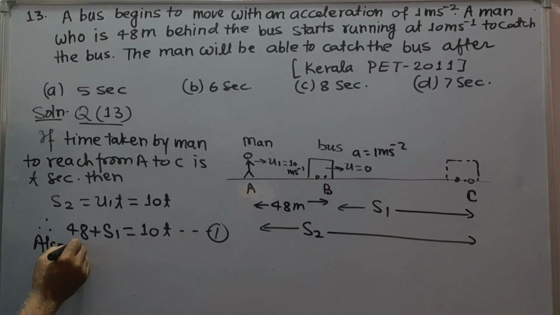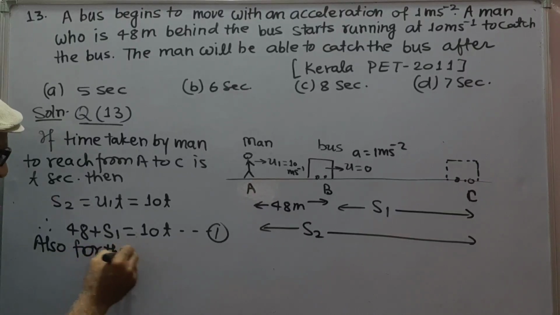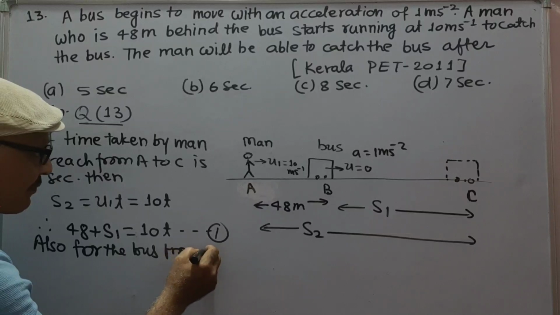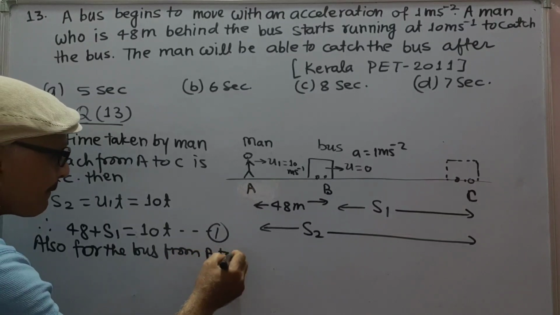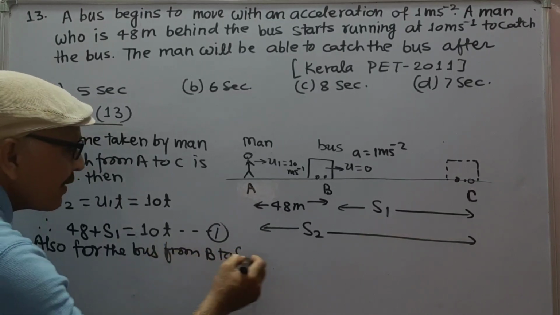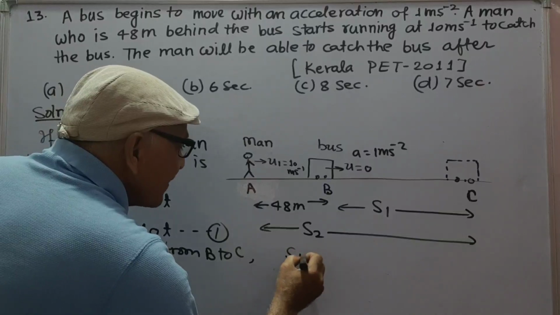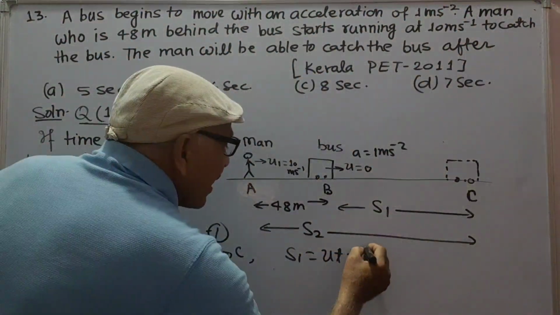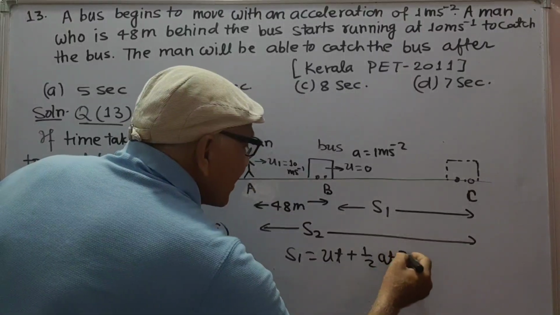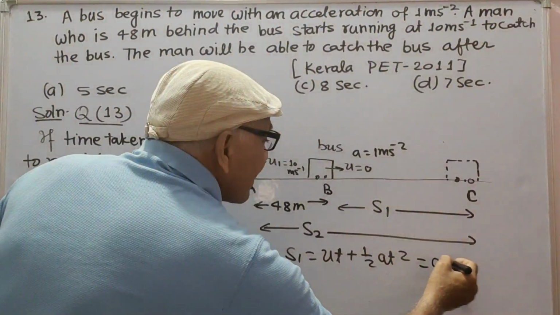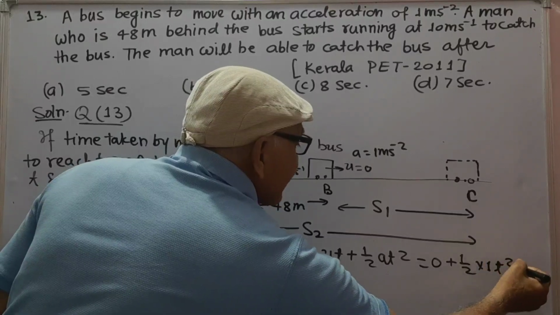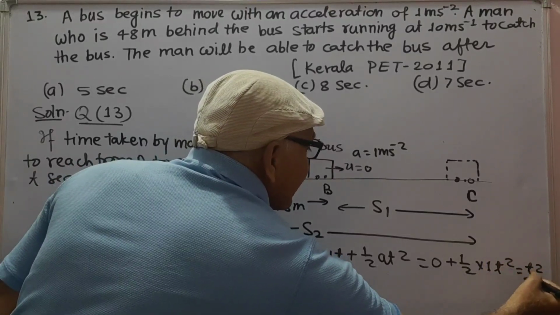Also, for the bus from B to C, S1 will be equal to ut plus half at square, u is 0 plus half a is equal to 1 into t square, that is t square by 2.